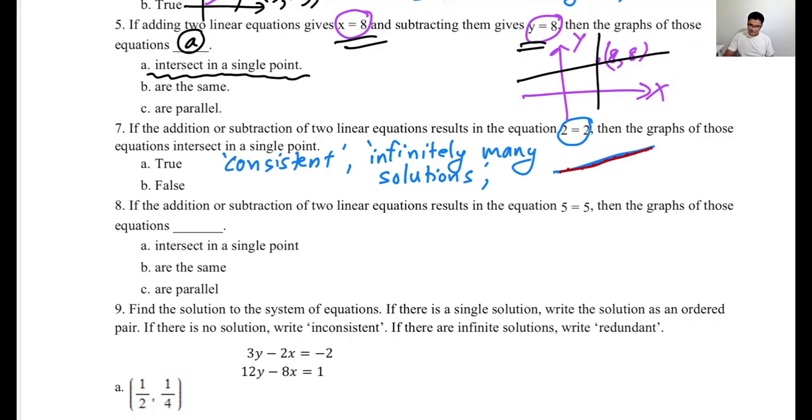Otherwise, the moment they are distinct, there would have been no solution. The moment they were not parallel, that would have been a unique solution. So what is the only other choice? For infinitely many solutions, they must overlap. Okay. So this particular statement, they intersect at a single point, is false, of course.